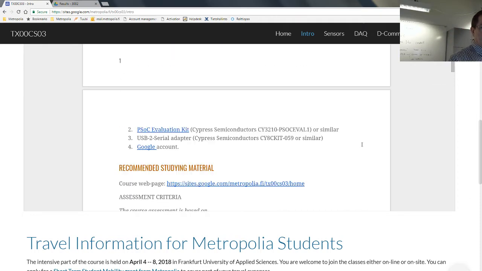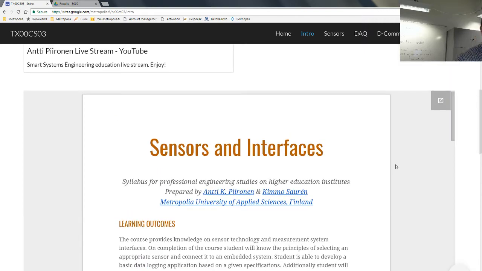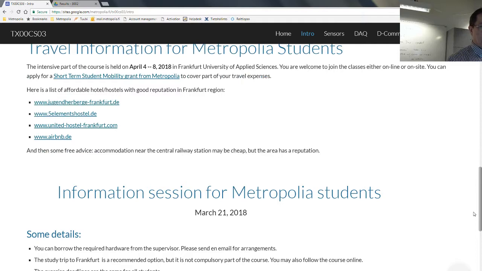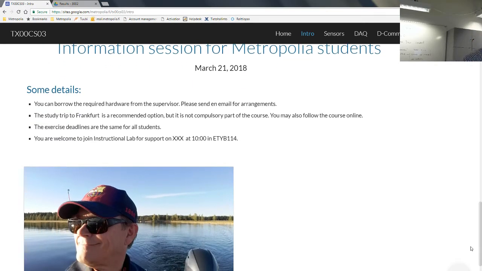And then this one is the syllabus of sensors and interfaces. But anyways, let's see, do we have also some other thing? Okay, I need to update this anyways. About the environment or hardware we are using, that kind of thing.